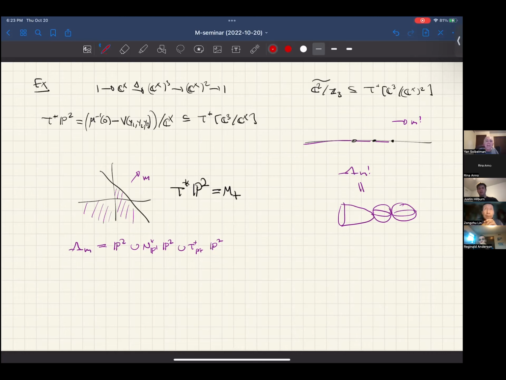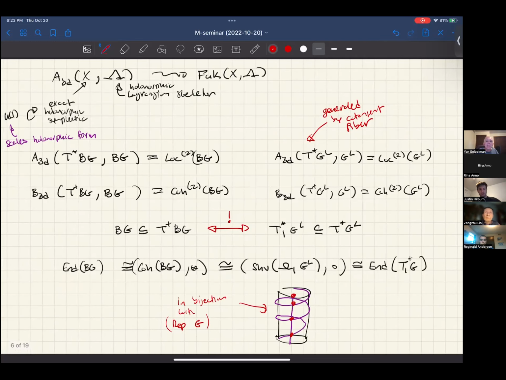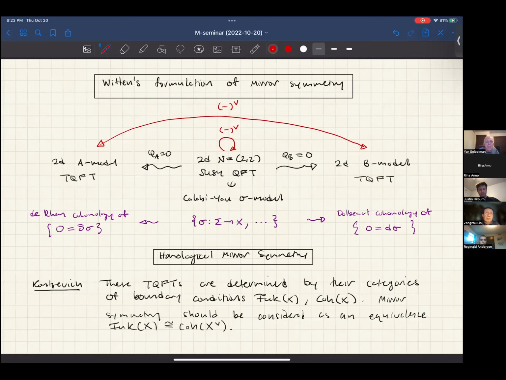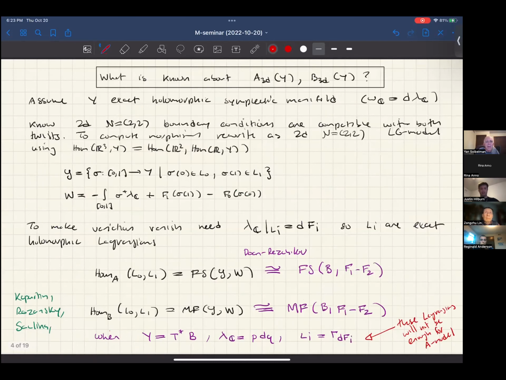I mean, the dream in all of this is to go back to the original definition that I mentioned, where there was this Doan-Reshakov result about looking at this infinite dimensional sigma model.